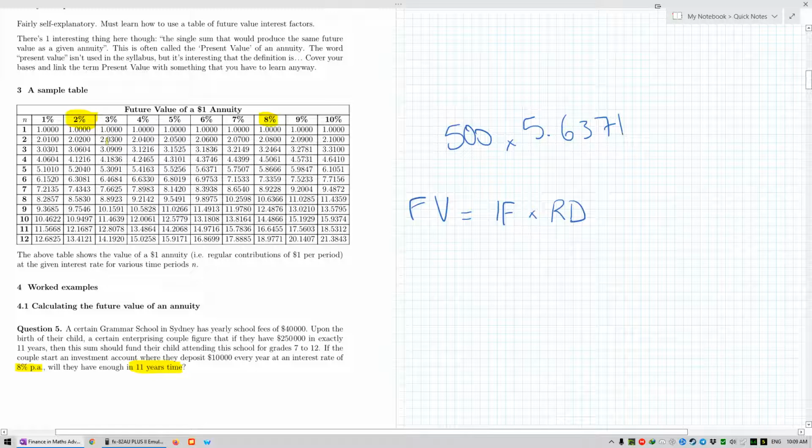In any finance question you do, the first thing you do is make sure that your interest rate and your n value, your time value, match the compounding period. Convert it, change it. If it was compounding quarterly, you divide the 8% by 4, and the 11 years you'd multiply by 4.